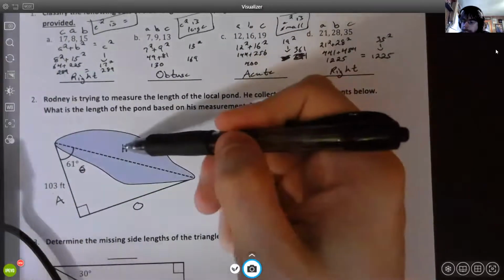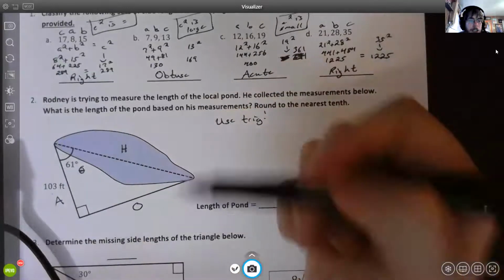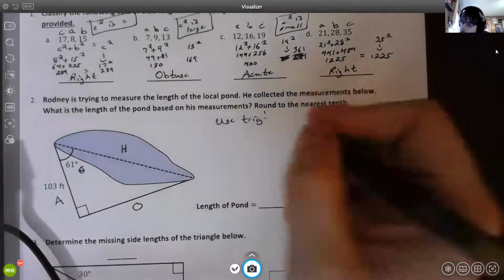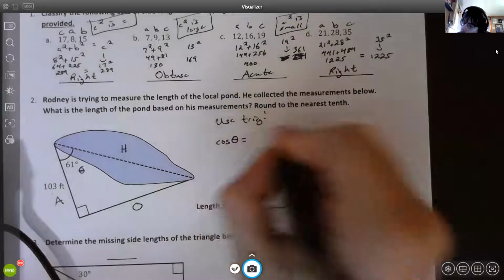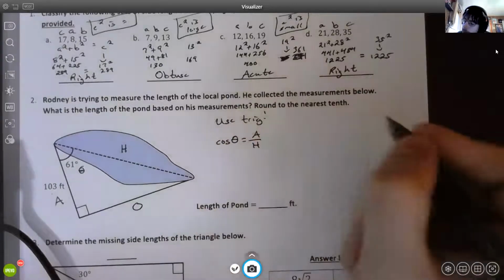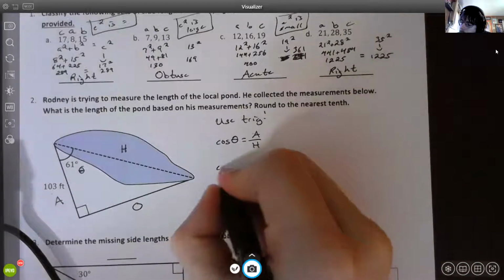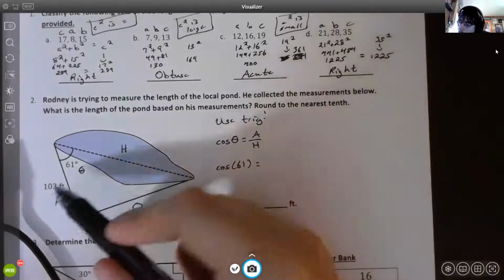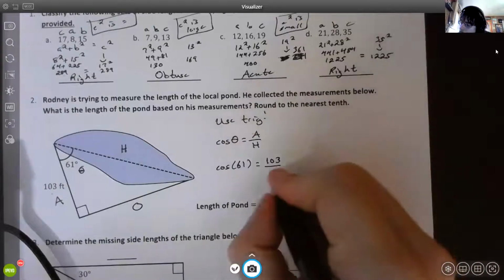We want to find h, and we have a, so we need to use the trig function for a and h, and that would be cosine. So cosine of theta is equal to a over h. Cosine of theta becomes cosine of 61. A over h, a is 103, and then h we don't know.